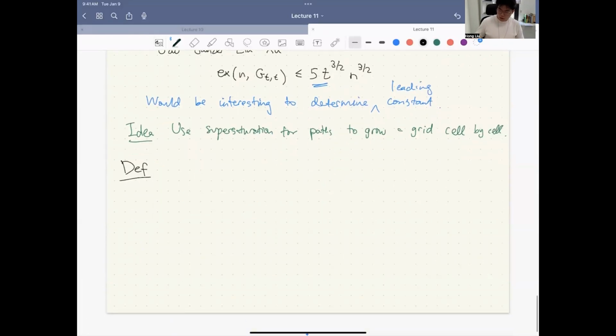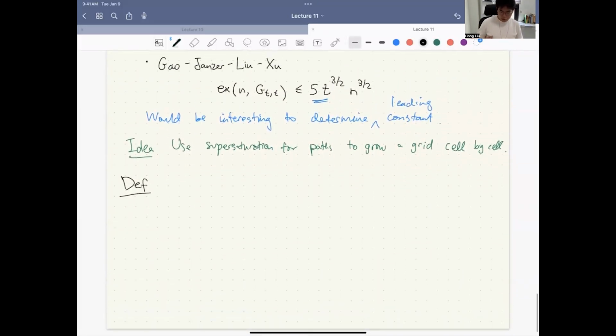What do I mean by that? Here's the definition. Let alpha be bigger than 0, and let k be some natural number.